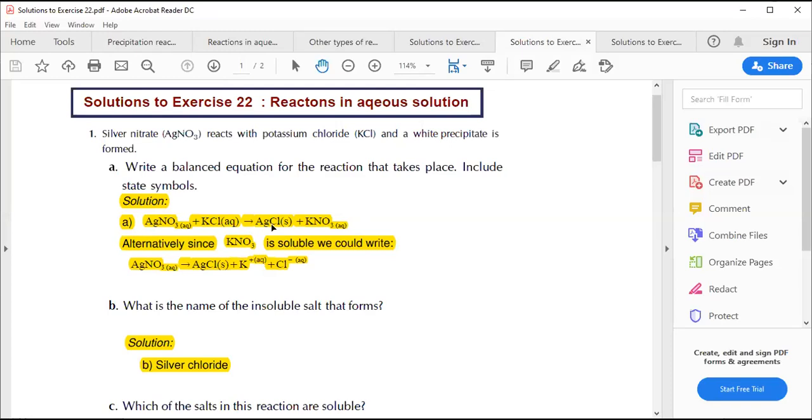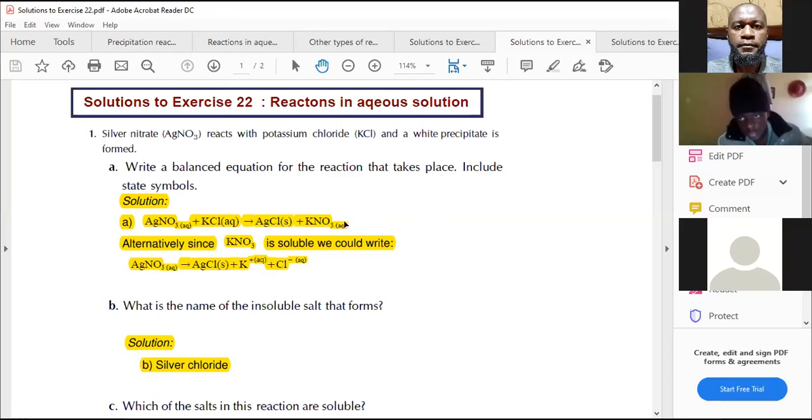Okay, right. So we get our silver chloride. That's what we have there. So that one becomes solid, and the rest are aqueous. Alternatively, since potassium nitrate is soluble, you can leave out the silver.